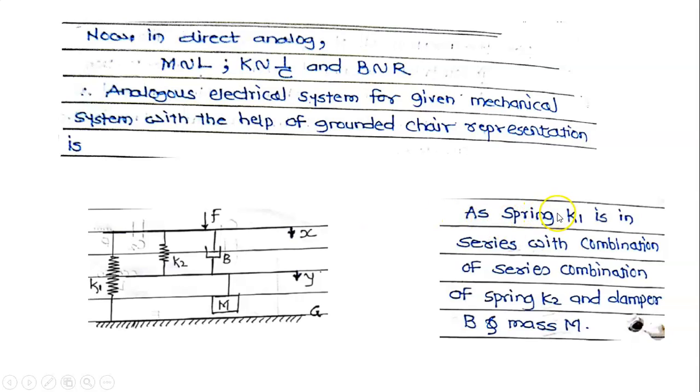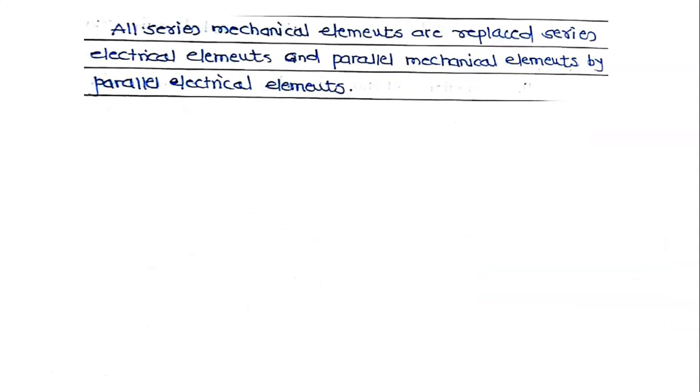As spring K1 is in series with the combination of spring K2, damper B and mass M. Therefore, once again, what is the rule? All series mechanical elements are replaced by series electrical elements and parallel mechanical elements by parallel electrical elements.